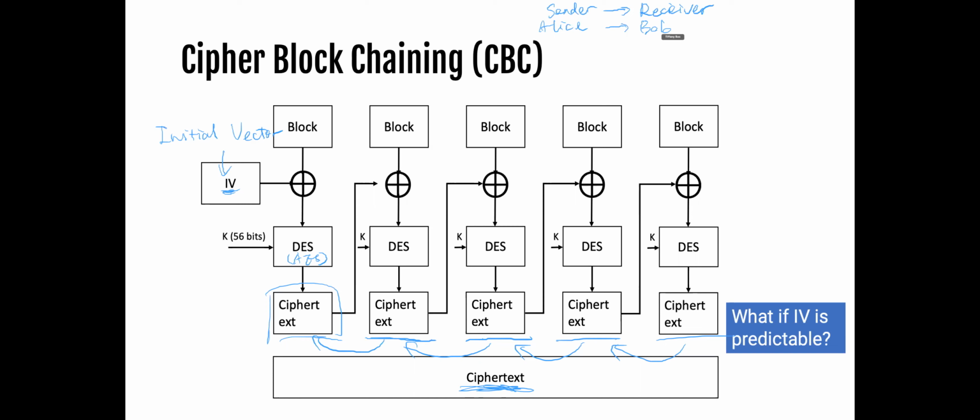So when Alice sends a message to Bob, Bob will receive an IV and an encrypted message. And this encrypted message uses the key K with the plaintext. I will say this is M, and I will say this entire thing is C.